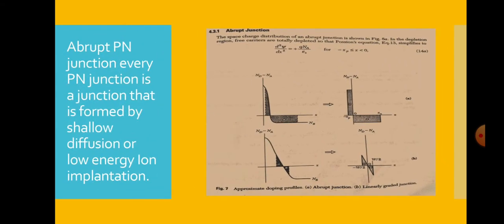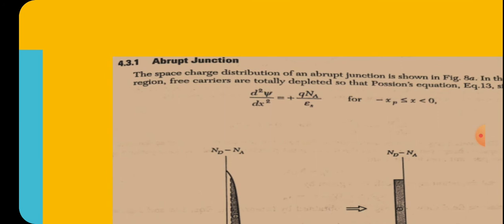The space charge distribution of an abrupt junction is shown in this diagram. In the depletion region, free carriers are totally depleted, so we can write Poisson's equation as d squared psi by dx squared equals q NA by epsilon s for x lying between minus xp and 0.